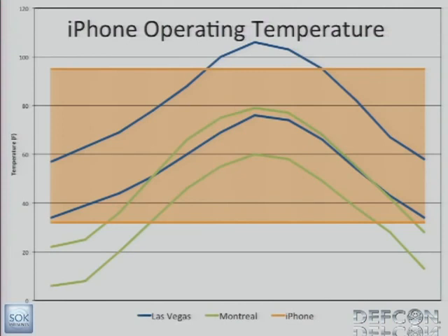This is the iPhone operating temperature as taken from the Apple website, plotted against 2 climates in North America, one here in Las Vegas and one in Montreal, Canada. Right now, since it's August, we are at the top of that blue curve. If you notice, it's well above the maximum iPhone operating temperature of 95 degrees. If you've used your iPhone outside today, congratulations, you've been violating its operating requirements.